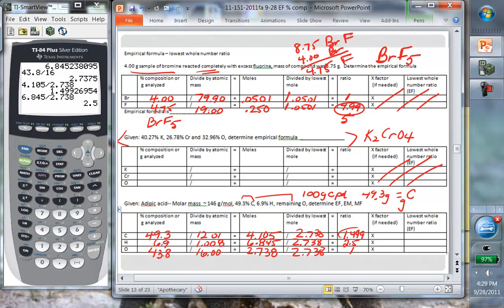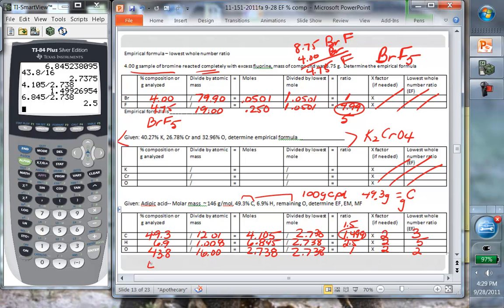Okay, this number is very close to 1.5. I'm going to use a factor of 2 to get rid of the 0.5s. 2 times 1.5 is 3. 2 times 2.5 is 5. And 2 times 1 is 2.